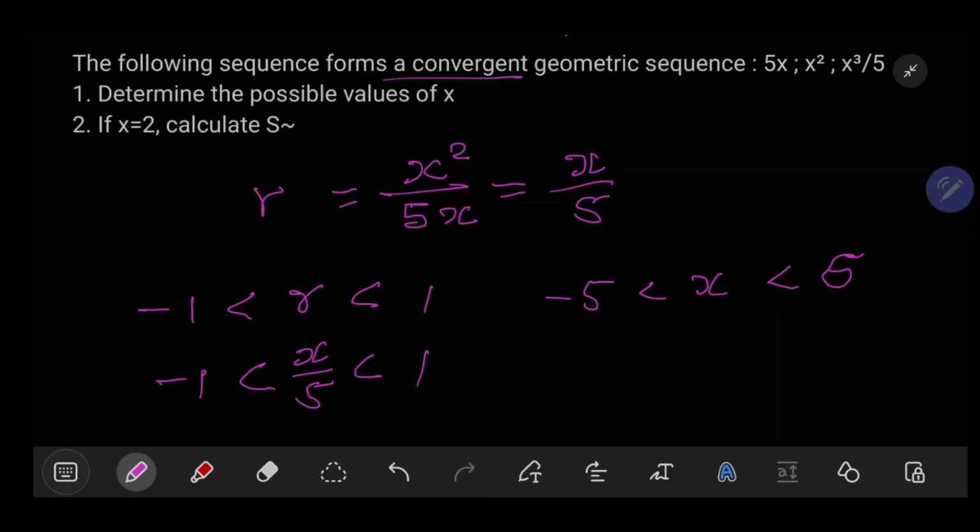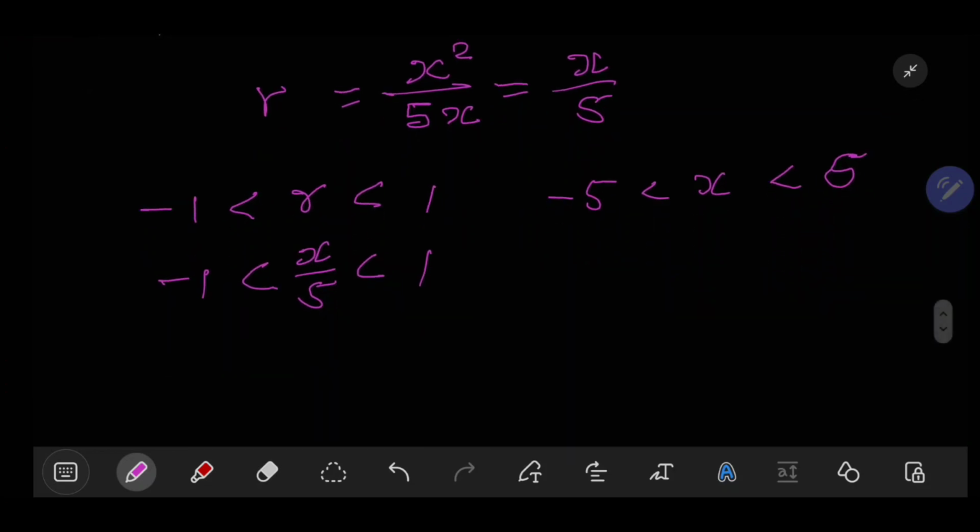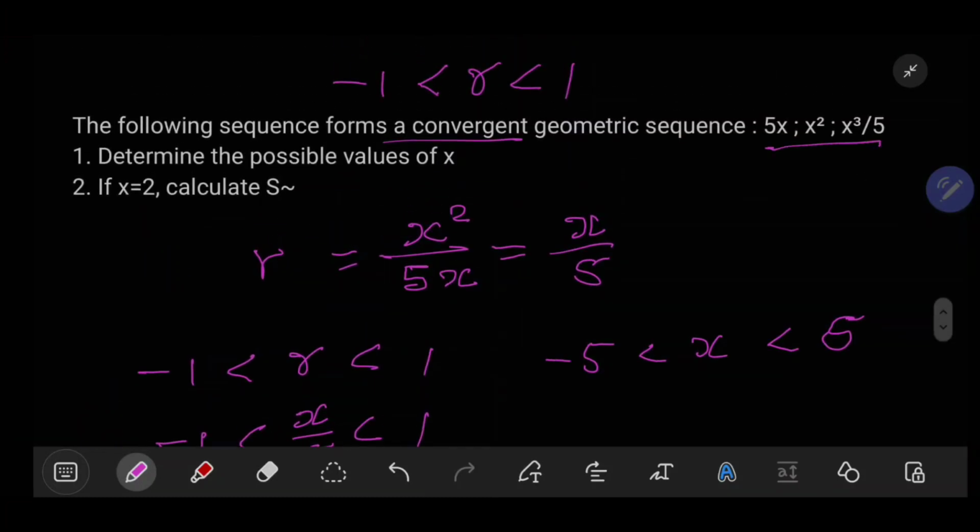Okay, so the second question says if x is equal to 2, then we should calculate the sum to infinity. When we calculate the sum to infinity, the formula says sum to infinity is equal to a over 1 minus r. In this case we are given this pattern, but we don't have the numerical values of these first 3 terms, but we're given that x is equal to 2. Then we can substitute 2 where we see x in order to form a real pattern.